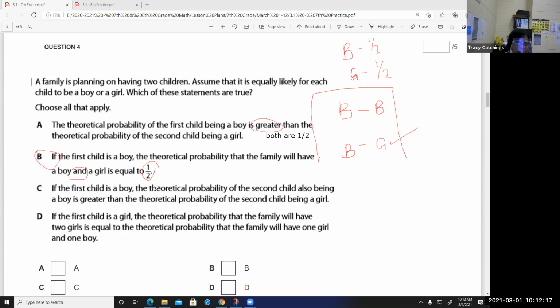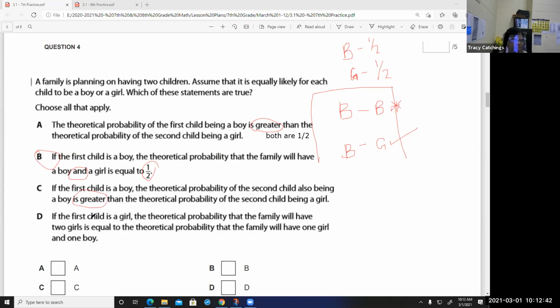All right, C says if the first child is a boy, the theoretical probability of the second child also being a boy is greater than the theoretical probability of the second child being a girl. Same scenario. Is 2 boys greater than having a boy and a girl? Nope, they are the same.